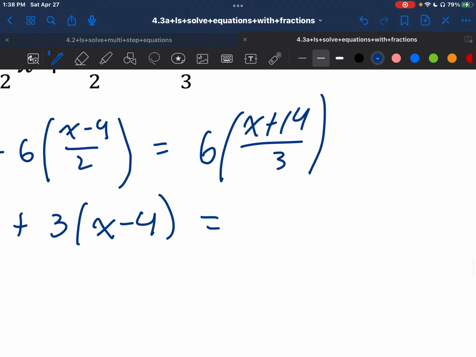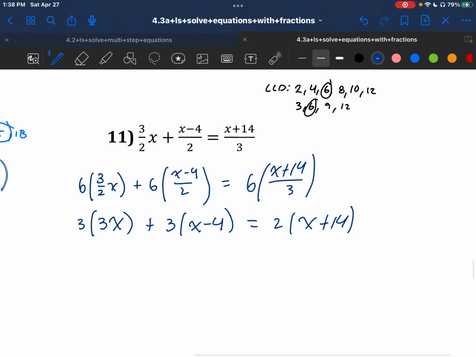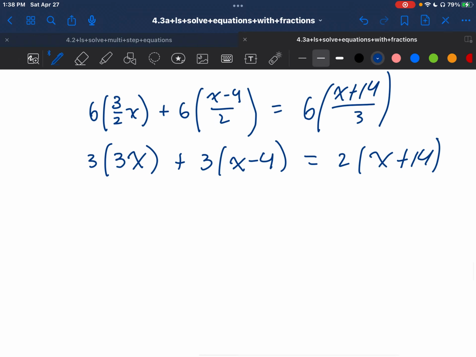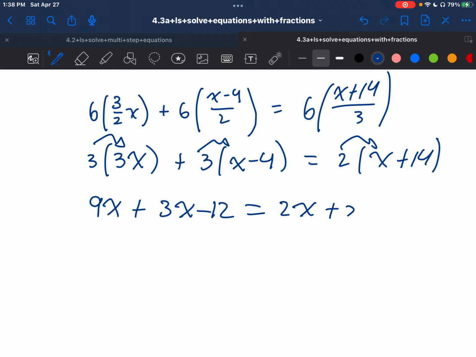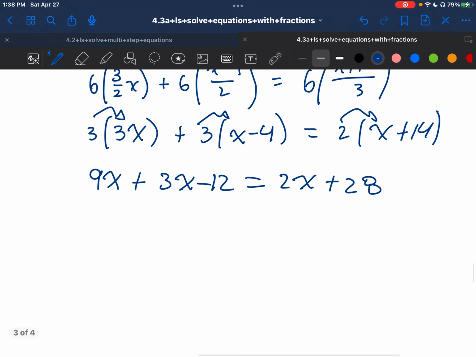And then this one's going to go to 2x plus 14. And then we can multiply these out using distributive. So this is going to be 9x plus 3x minus 12 equals 2x plus 28.